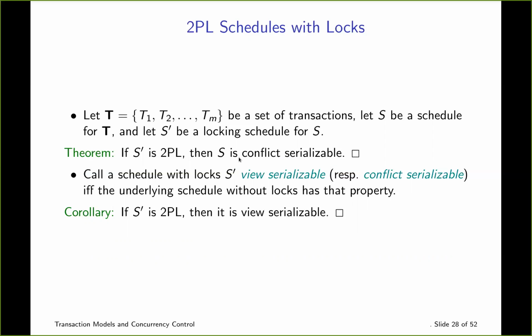What's nice about this is that if you make sure that all the transactions respect two-phase locking, you get as an outcome a conflict serializable and thus a view serializable schedule. That's all it comes down to. That's how locking actually helps us. There's a theorem, and you can push through the proof that this is going to give you a serializable schedule. That's a very good result.